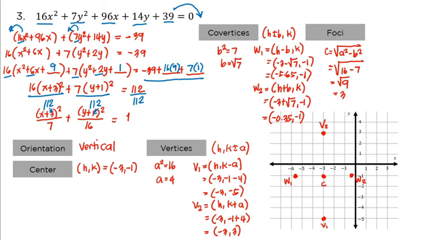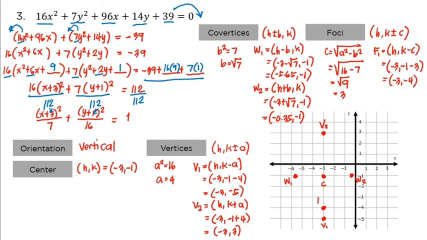Okay? So our foci is 3 units above or below the center. So we have this formula, h k plus minus c. So our first focus will be h k minus c. So we have negative 3, negative 1 minus 3. So you have negative 3, negative 4. And that is located here.